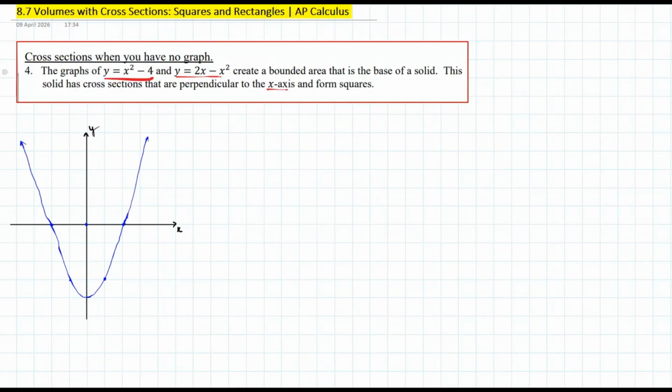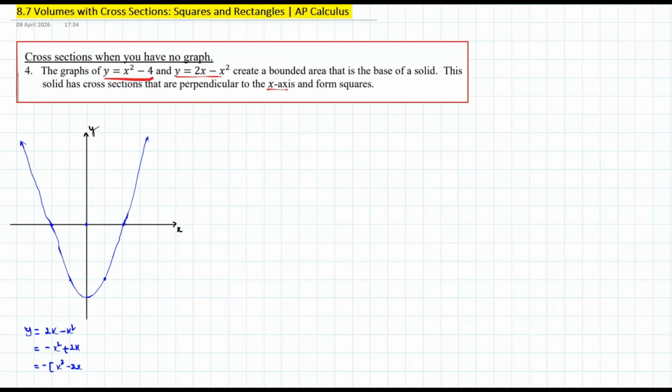And we have y equals 2x minus x squared. To graph this function, we have to rewrite it by completing the square. So y equals negative x squared plus 2x, and you can factor out the negative, giving x squared minus 2x.